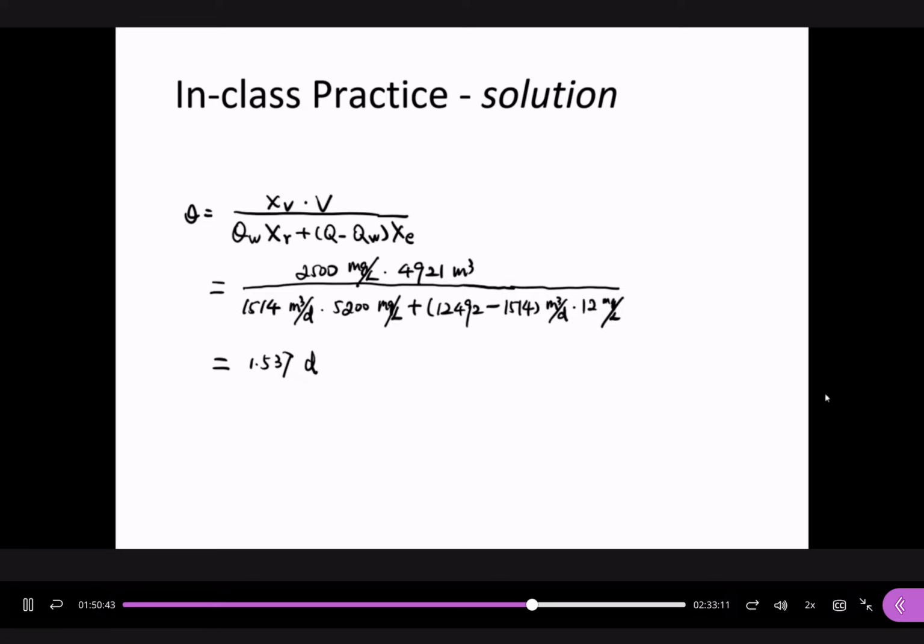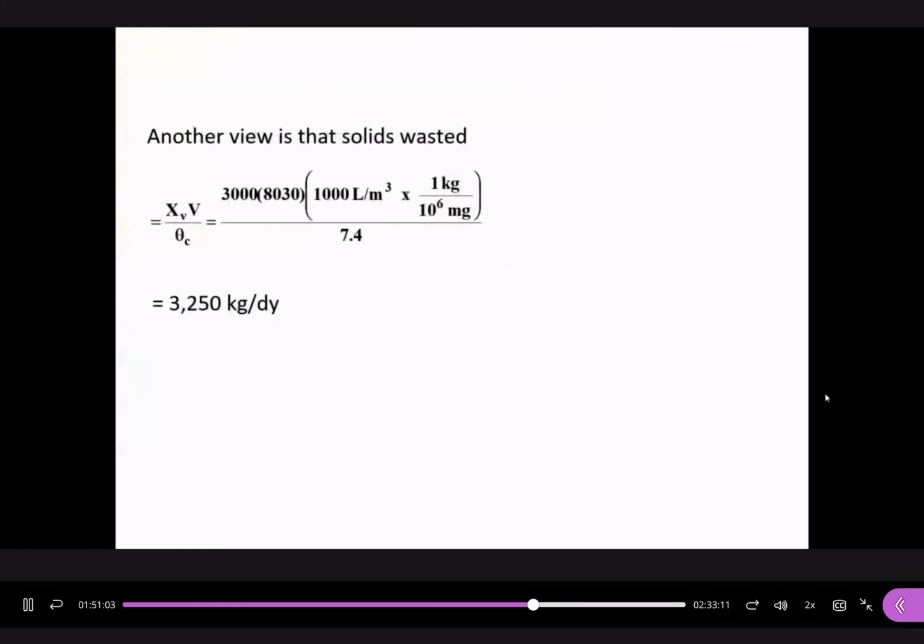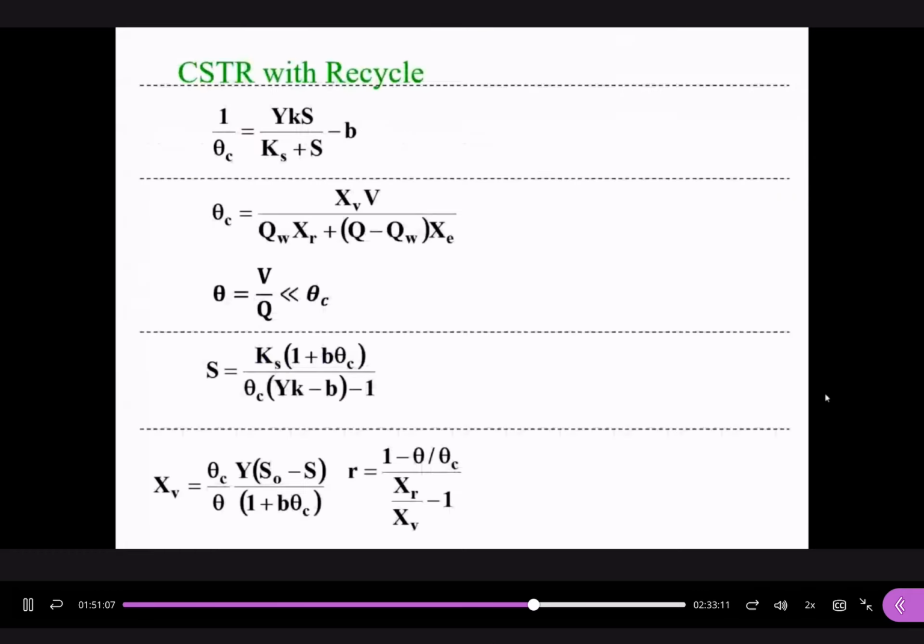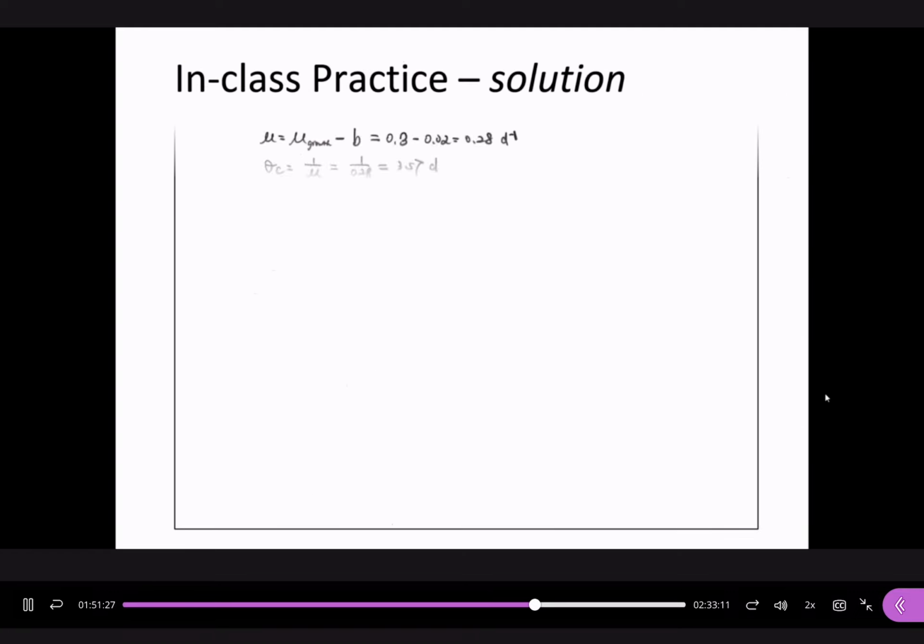So generally that term is small. It will not affect this number a lot. That is acceptable from an engineering perspective. So therefore, in many cases we assume XE is 0 and we omit this term. We only have XV times V divided by QW times XR for theta C.